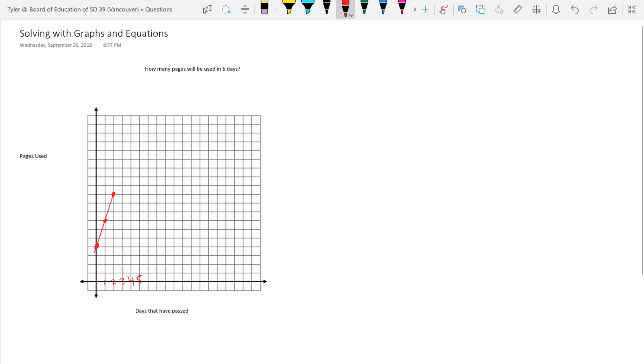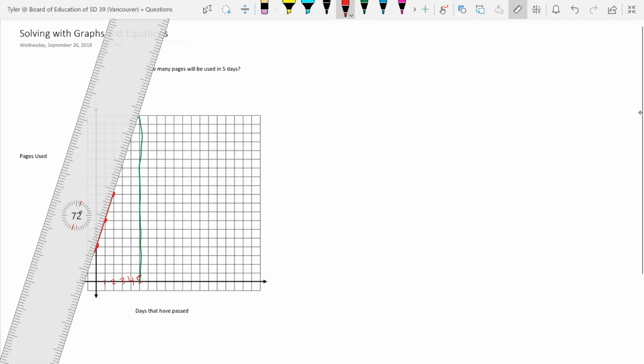So what I'm going to do is find out up here along this line what the actual line is on the graph. To do that, I'm going to have to extend the line on the graph that I have right now. Let's extend it. There we go.